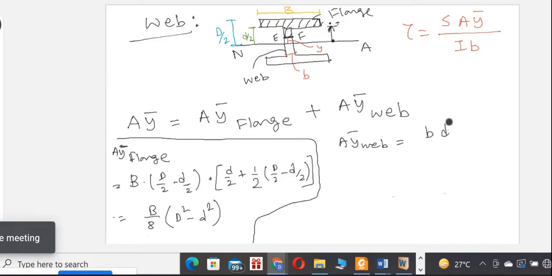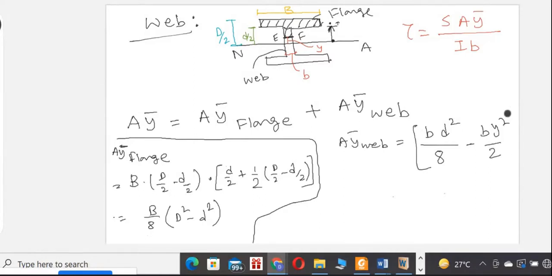Okay, b d square by 8, he said. Is he correct? Minus b y square by 2. Good actually. Who said this b y square by 2?